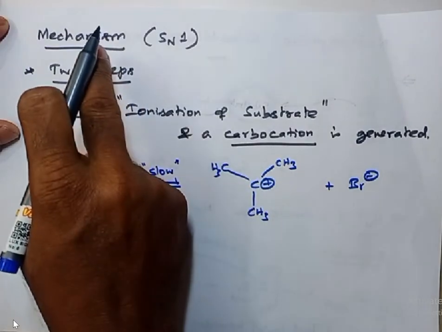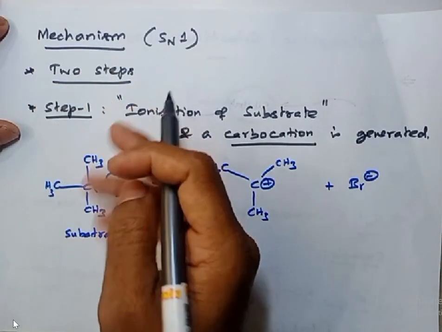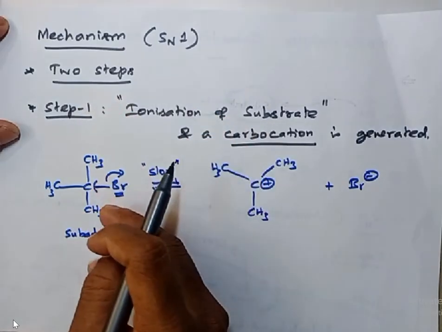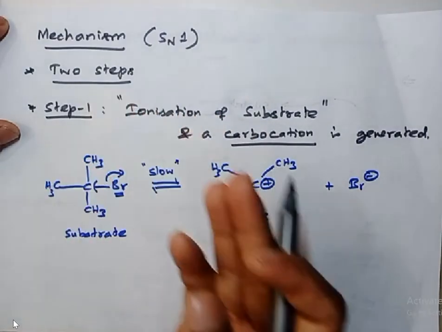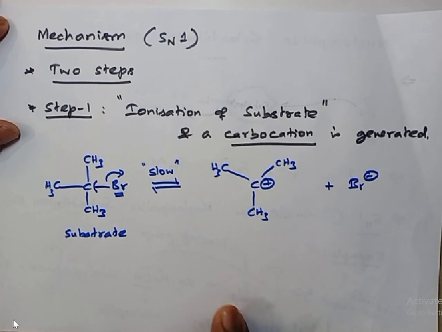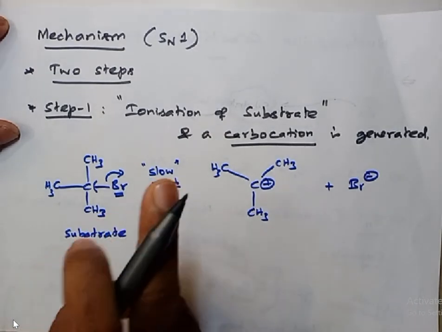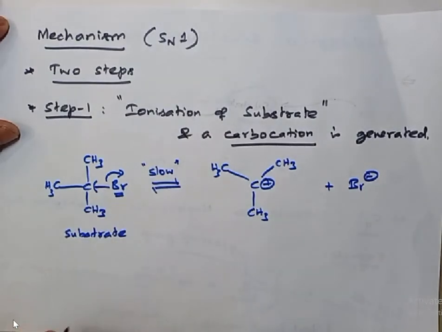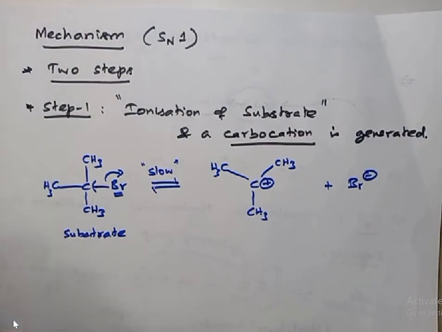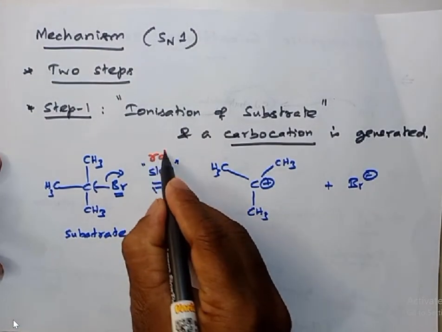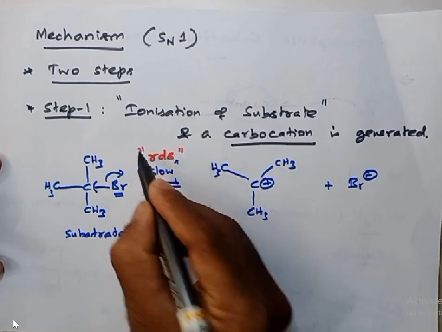A mechanism may contain one step, or a mechanism may contain 2 or more steps. The step which takes place in a very slow manner is called the rate determining step, RDS. What is RDS?